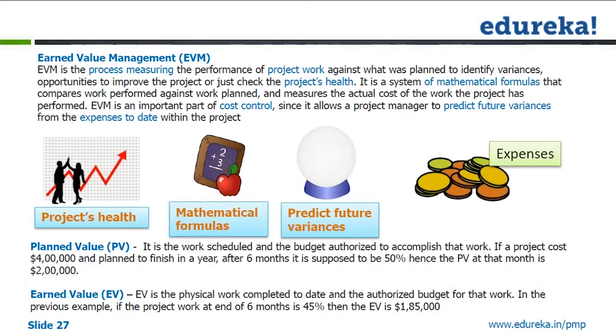So if you look at just the schedule part of it, because the actual cost is not mentioned in this example, that's the reason you cannot find the cost, but you can find the schedule variance, the schedule scenario, and you see that you were supposed to do 200,000 worth of work at the end of 6 months, but you have done 180,000 worth of work, which means that you have done $20,000 less worth of work, which means you are behind schedule. Is this logic clear?